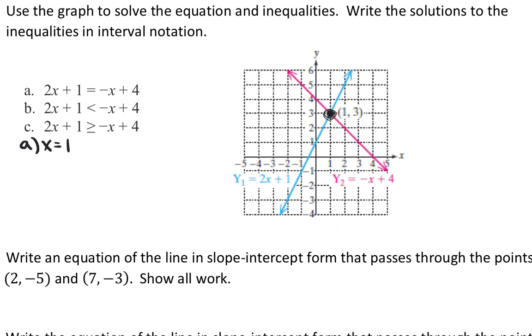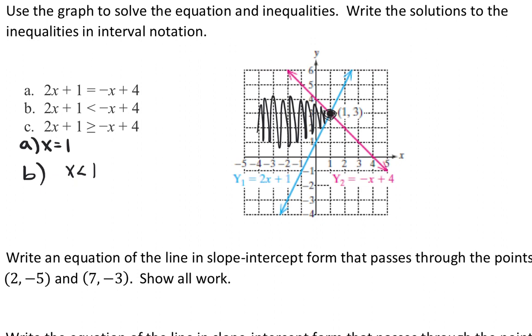So we know that we should be on this side here, because the y value of the red line is greater than the blue line at 1. So for B, x is less than 1.